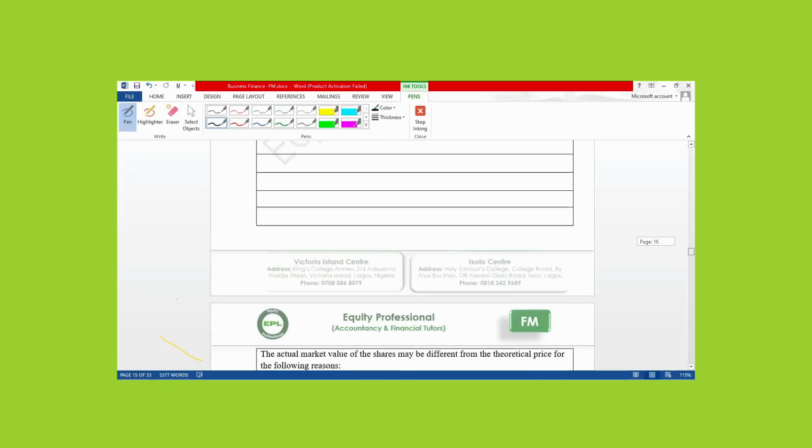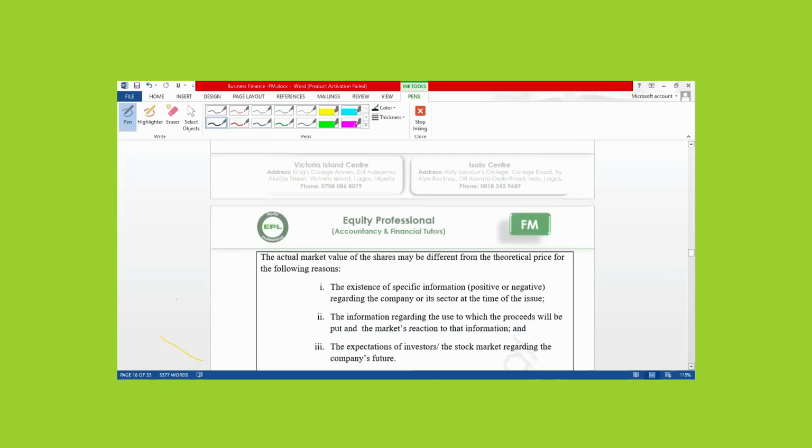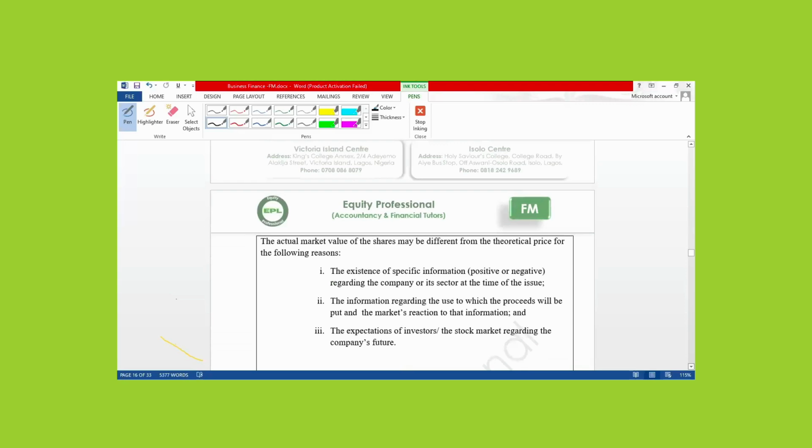It's here also. The actual market price of the shares might be different from the theoretical price for the following reasons.